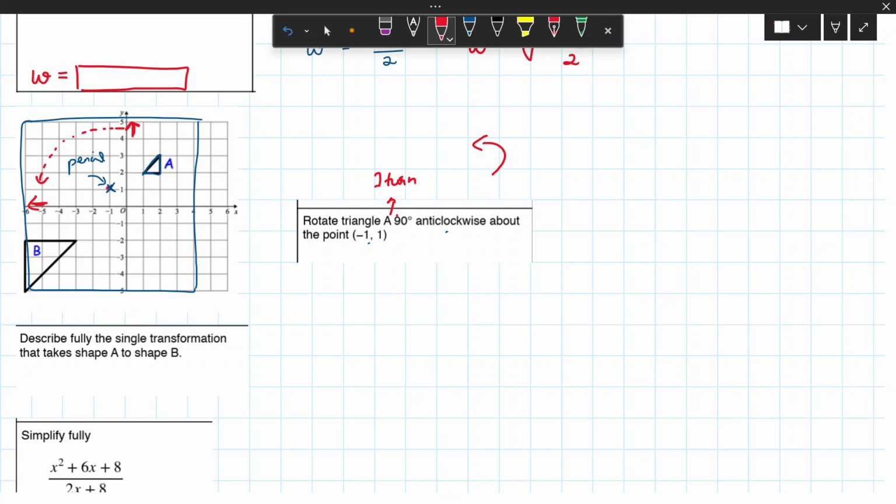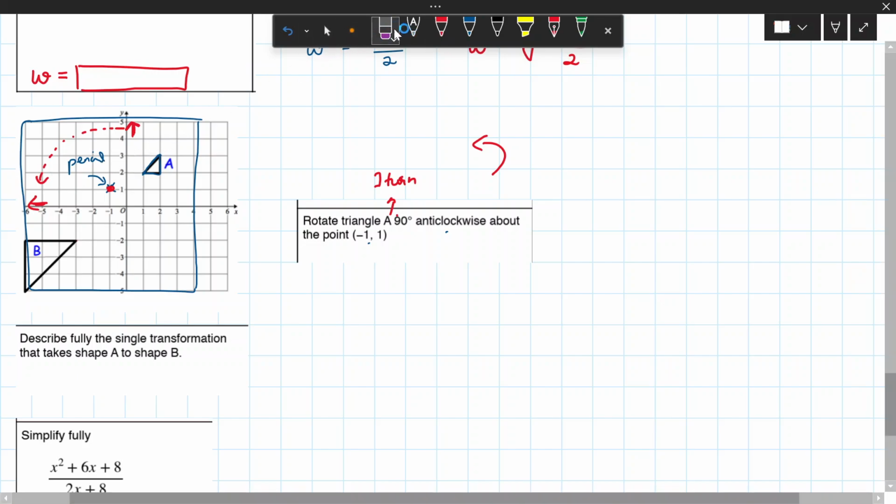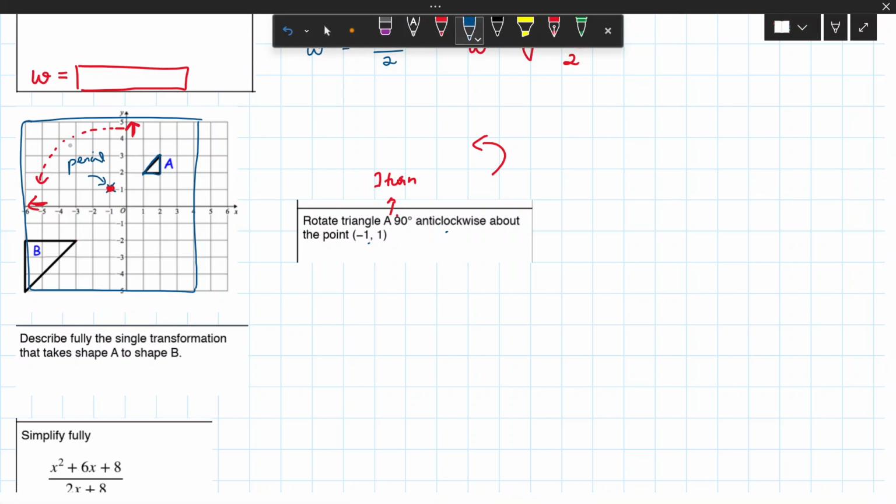So when you place your pencil here, turn the tracing paper, and the arrow comes back to the left, your triangle might end up somewhere here in the upper left quadrant. Then you slowly lift up your tracing paper and sketch that onto your answer sheet. So that's how you do that transformation question.